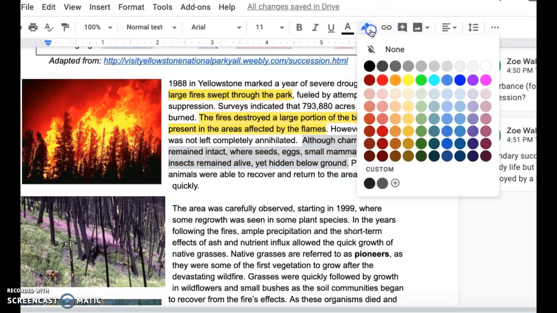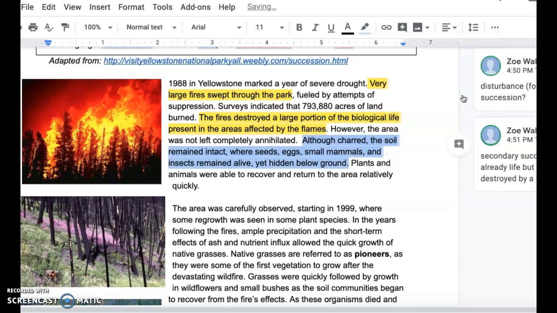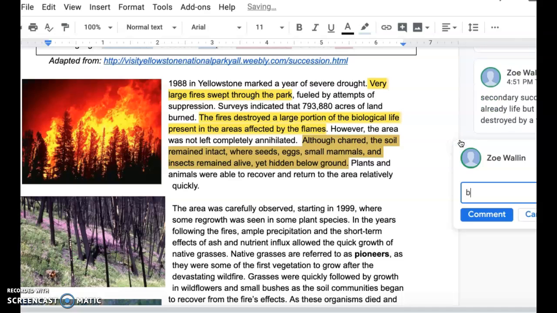I'm going to highlight that in blue, because that is a biotic factor.